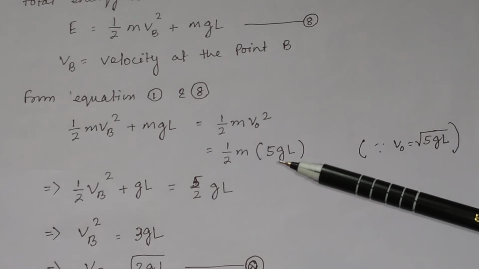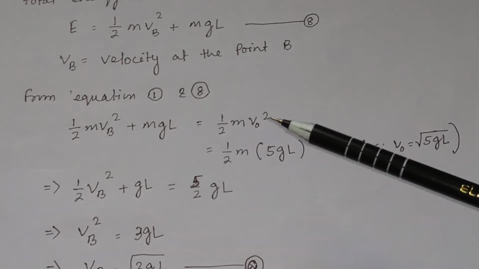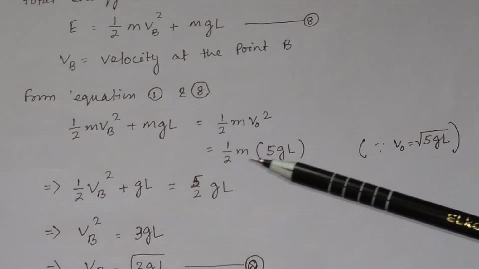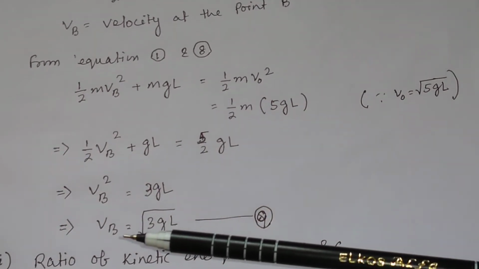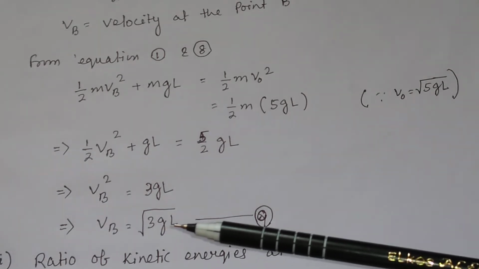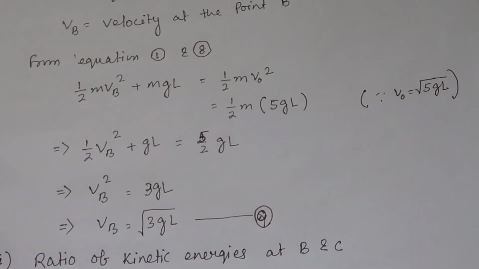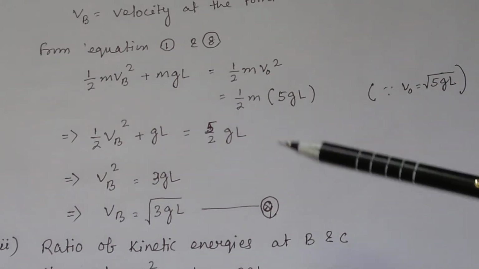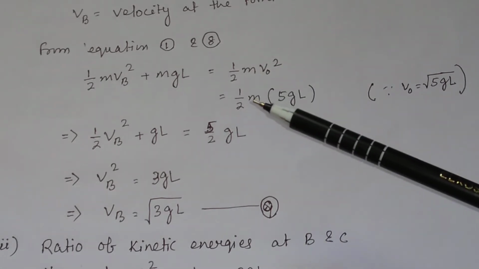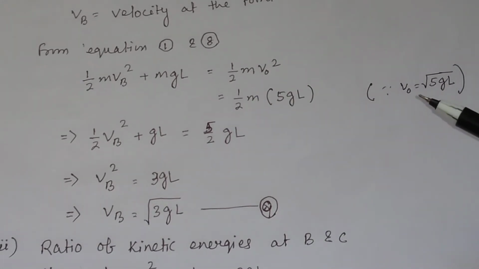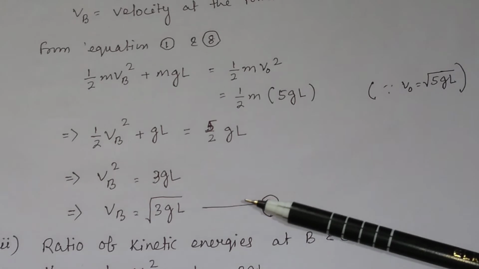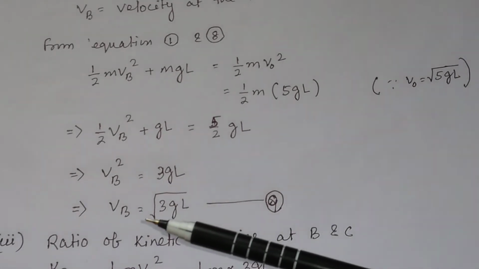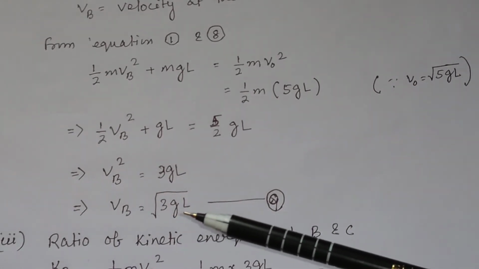So v naught square will be equal to 5 gl. If you substitute v naught square here and calculate, you will find the velocity at the point B, vb, will be equal to square root of 3 gl. So we have to remember the three velocities: at the lowest point, square root of 5gl; at the highest point, square root of gl; and at the point B, square root of 3gl.